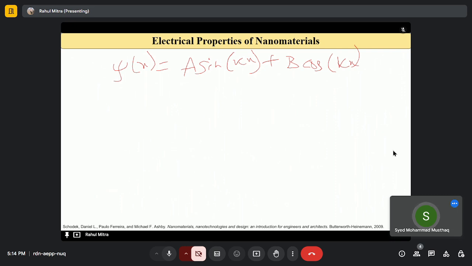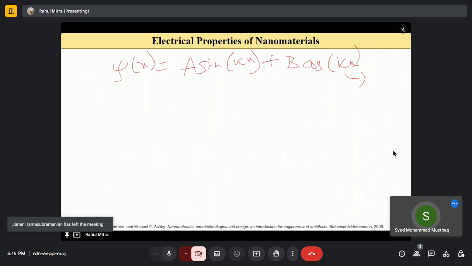Now again, the boundary conditions. The solution to the Schrodinger equation we found here is the general solution for a one-dimensional system. Now we need to apply our boundary conditions to find the solution for our particular system. According to our boundary conditions, the probability of finding the electron at x equal to 0 or x equal to L is 0.